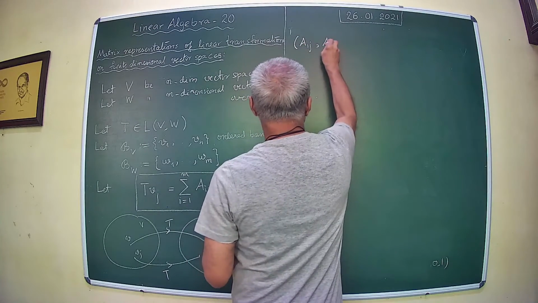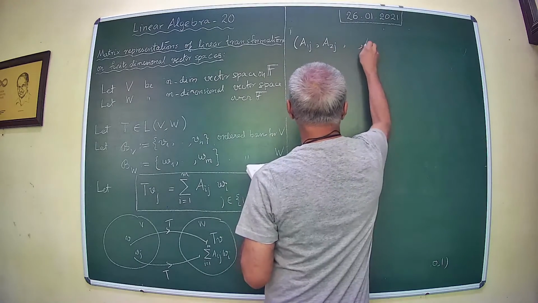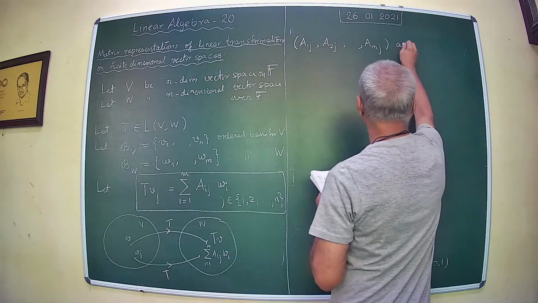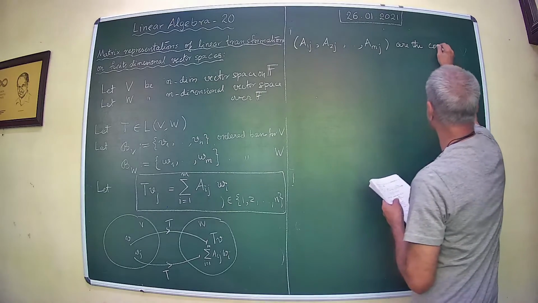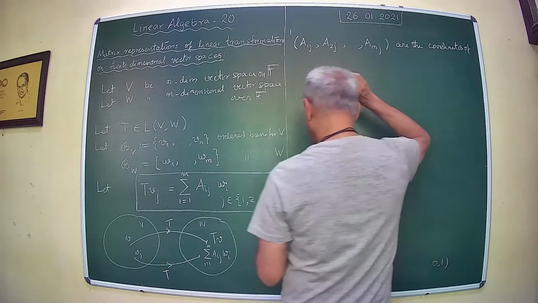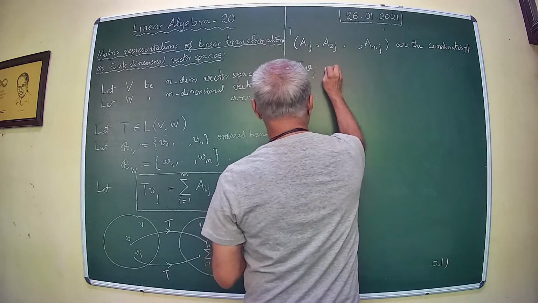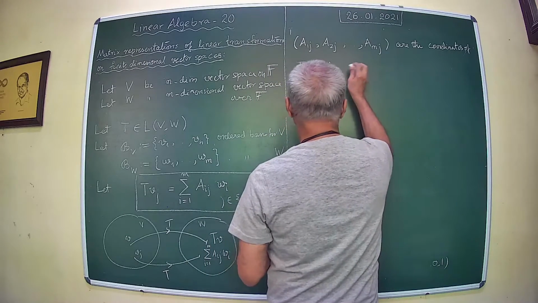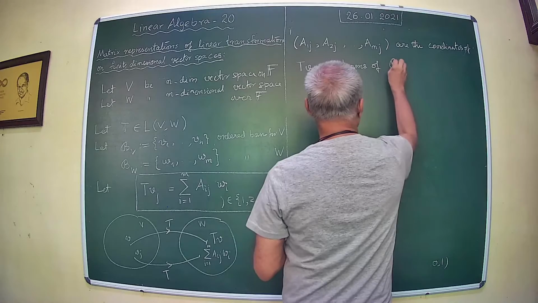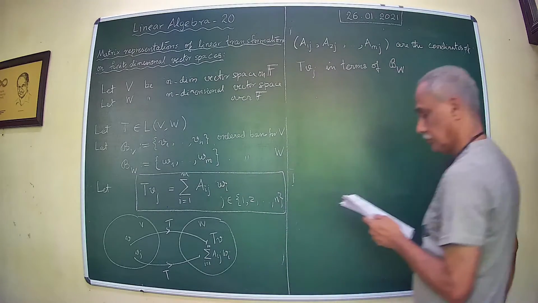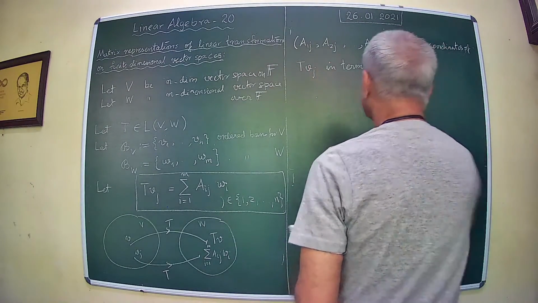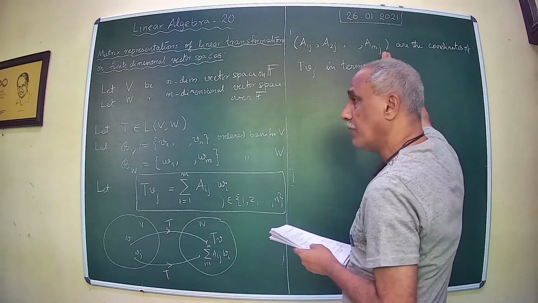So you see that A1j through Amj are the coordinates of Tvj in terms of the basis of W, so this is a vector in Fm.